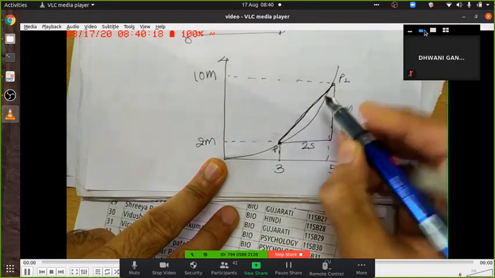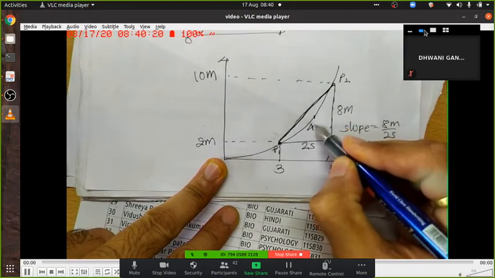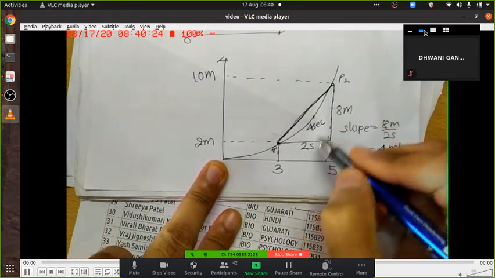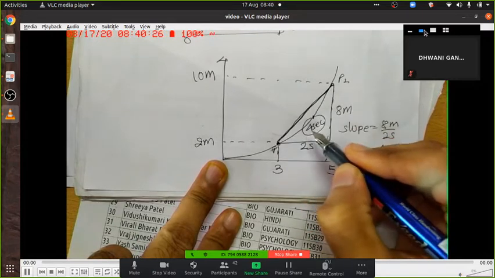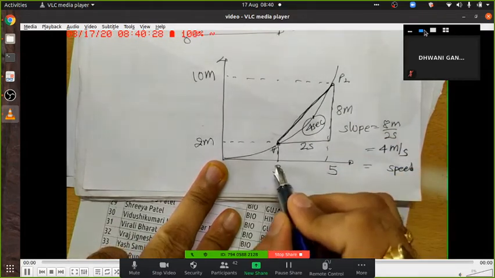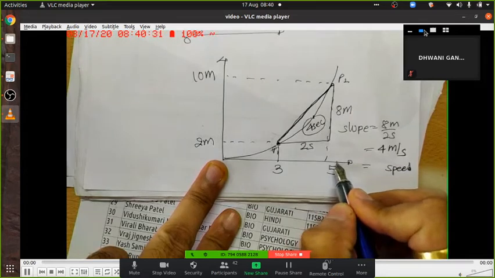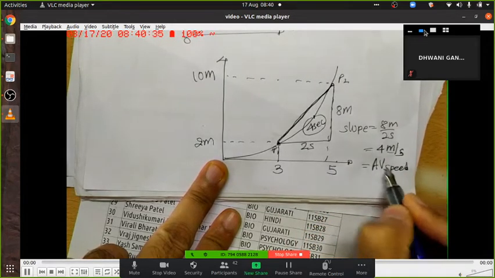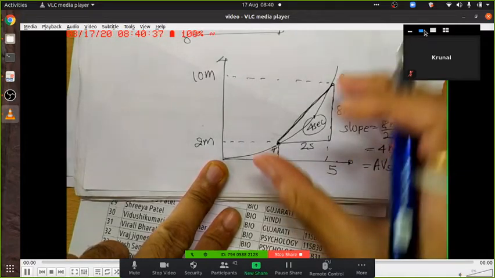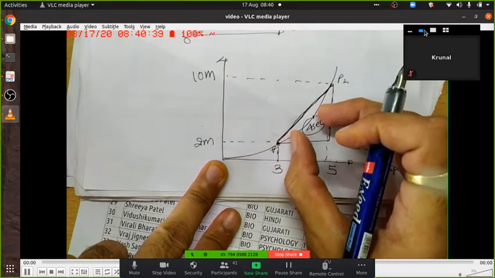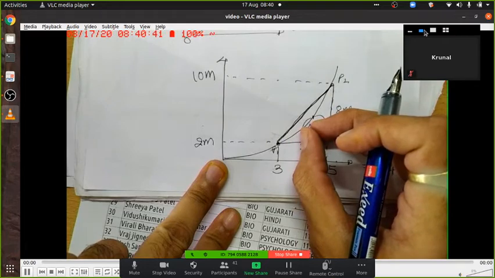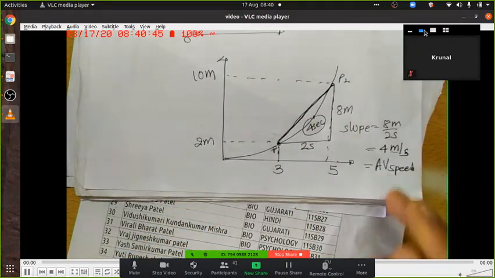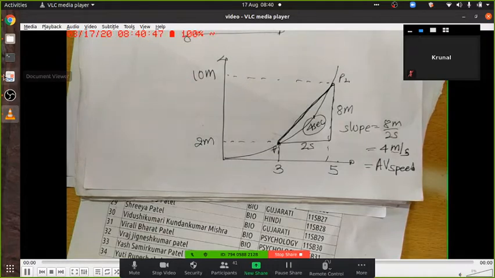But if I ask you at 4 second what was the speed, you can say, okay, I don't know what was happening at 4 second, but I can tell you between 3 to 5 on an average speed was 4 meter per second. So this is average speed. But if you make this duration smaller, smaller, smaller and smaller, you reduce average speed into instantaneous speed. Am I clear?